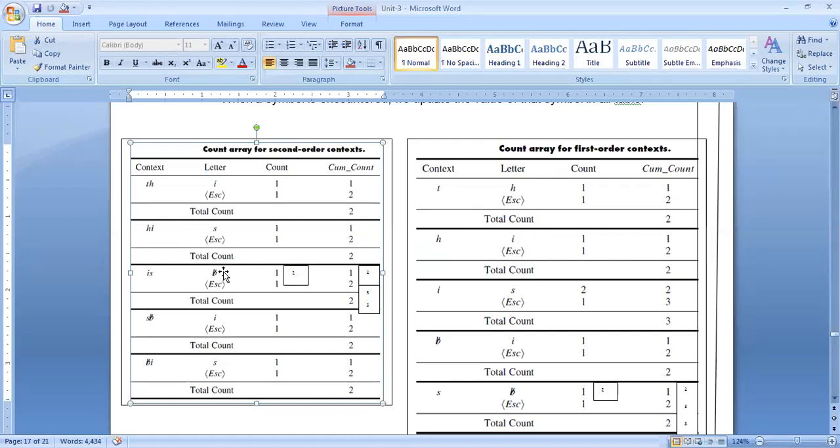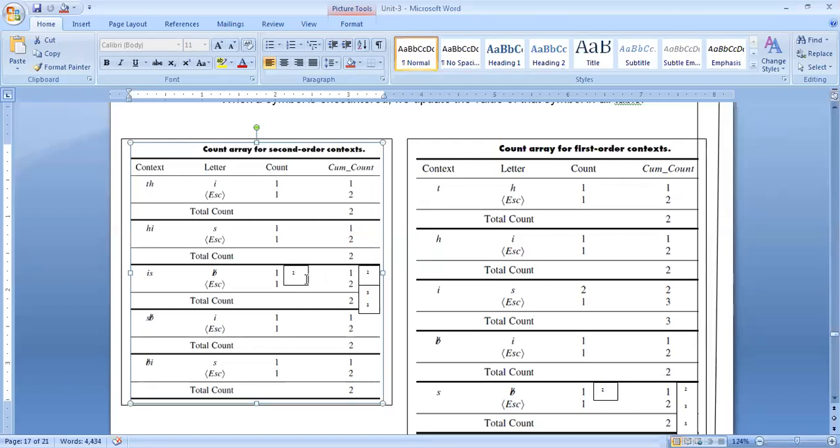So here is B cross. There is only one symbol in the table for the second order context related to B cross, that is B cross with context IS. So we update the count, cumulative count, and total count by adding 1. So 1 plus 1 is equal to 2. So the B cross count value is 2 and the cumulative count is 2.